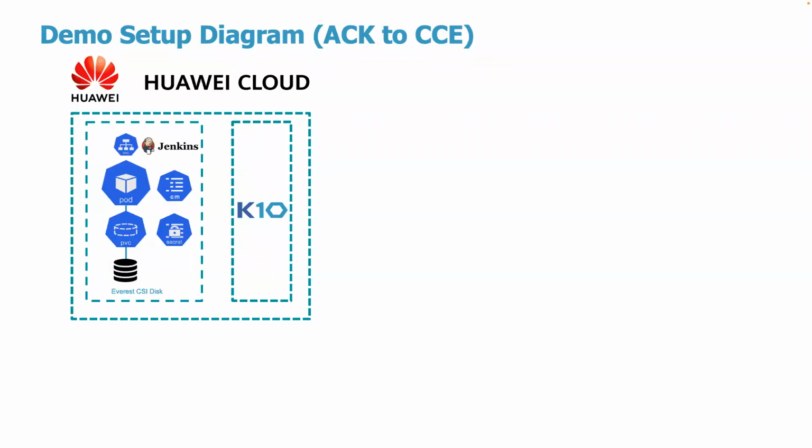First of all, I have my source cluster here from Huawei Cloud, with Jenkins running as containers on Huawei Cloud CCE. That's the Kubernetes cluster, and I also have Kasten K10 installed. Obviously, I have the Everest CSI disk, which is used by the containers.